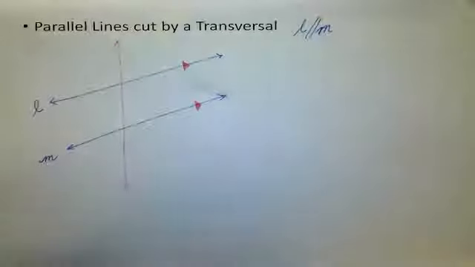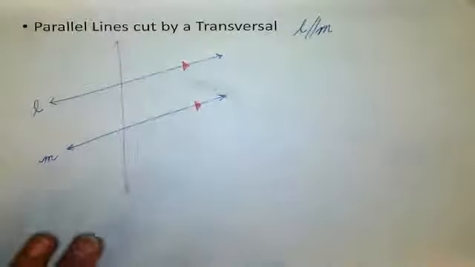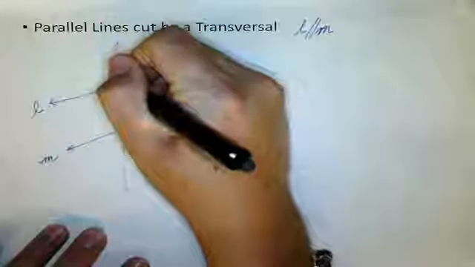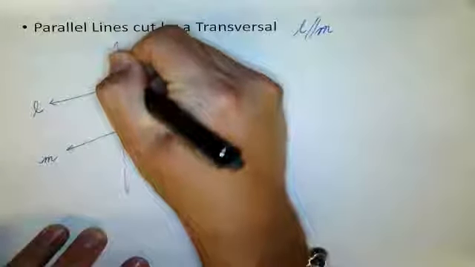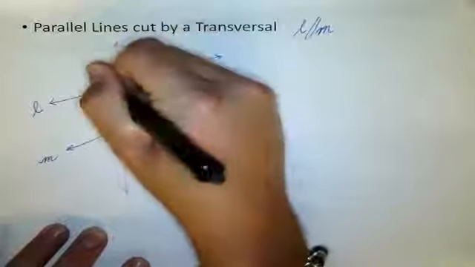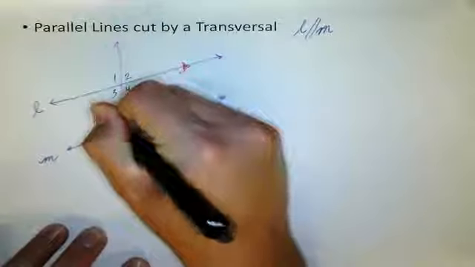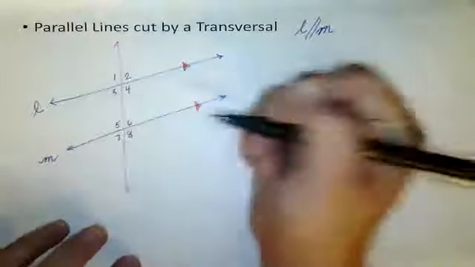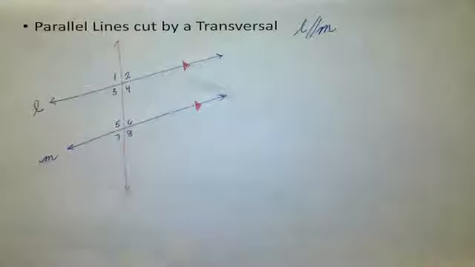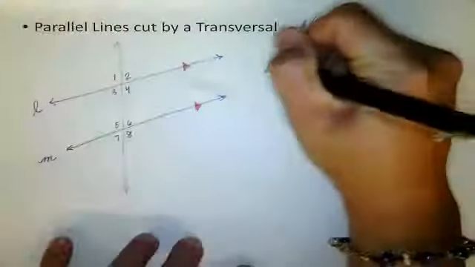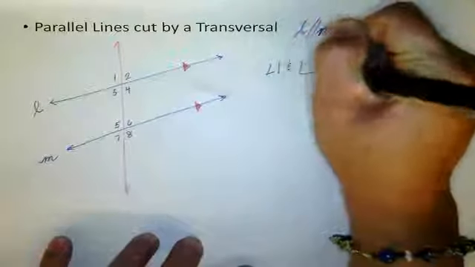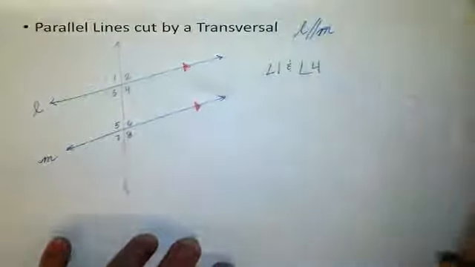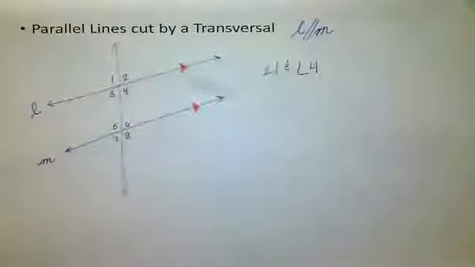When I cut those two lines, I create a whole bunch of angles. I'm going to call this angle 1, and then 2, 3, 4, 5, 6, 7, 8. I just want to really fast review what those angle relationships are. So tell me about angle 1 and angle 4. What kinds of angles are angle 1 and angle 4?